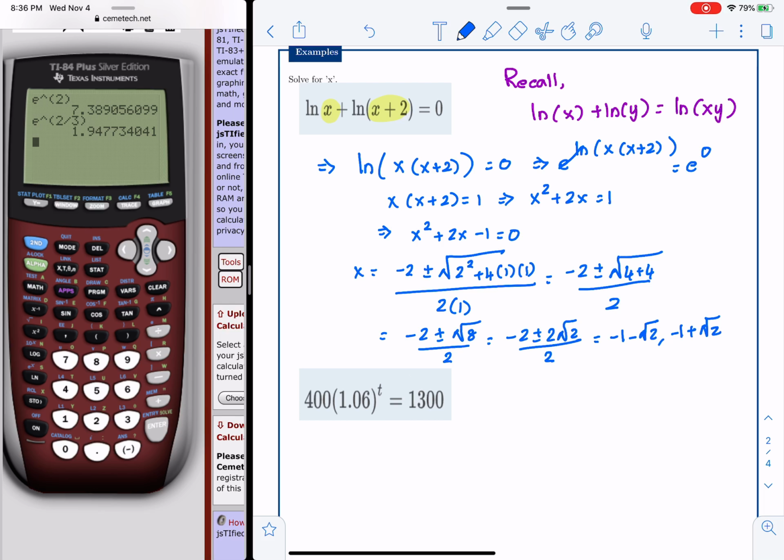So out of the two, only negative 1 plus root 2 is a valid solution, because that solution is greater than 0, and the other solution is less than 0, and I cannot plug in a number less than 0 for ln of x and expect the solution to be equal to 0. That's not feasible. So the solution here is -1 plus square root of 2.